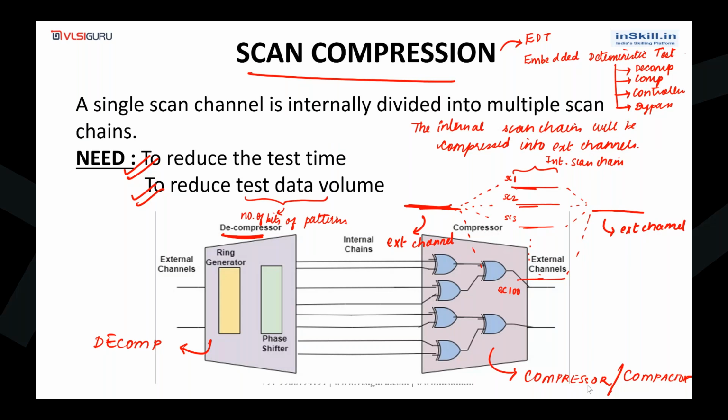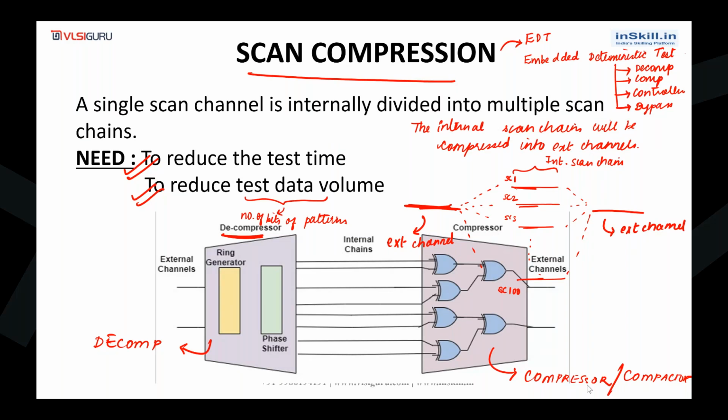So four components will be there as a part of the EDT logic. In the picture I have represented only the decompressor and compressor. During our course, we'll try to understand the entire structure of the EDT logic: what the decompressor is and what role it plays, what the compressor is and what role it plays, what the controller is, and what the bypass logic is.